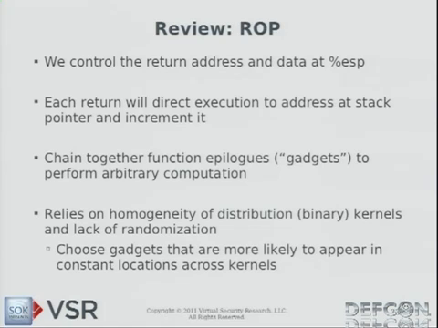So it's fairly reasonable to assume that if you know something about your target, then you essentially know where in memory certain instructions live. And there's no randomization of the kernel at all. To make this a little bit better, you can choose these gadgets, these little pieces of code that you're executing, in such a way that they're more likely to appear across multiple kernel builds.